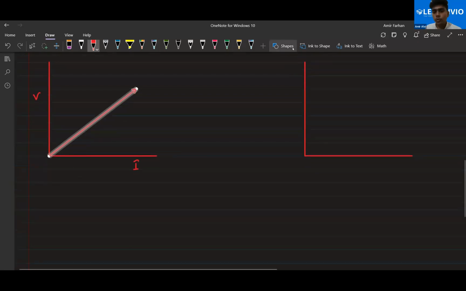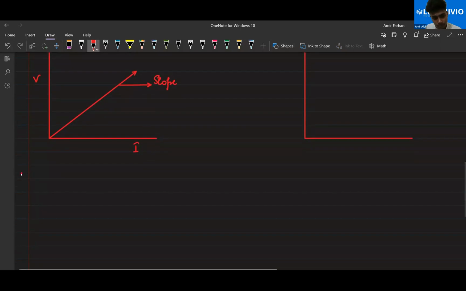Now, how many of you know the word slope? Can anybody tell me what you mean by slope? The line that's passing through. Okay, yeah, that is a slope. Can you tell me the formula of the slope? I don't know the formula. Okay, anyone?